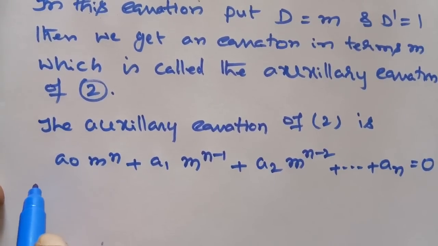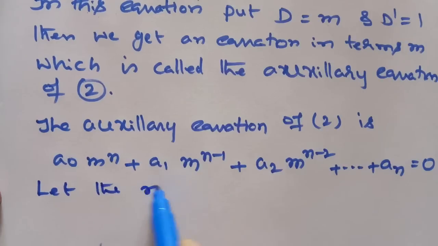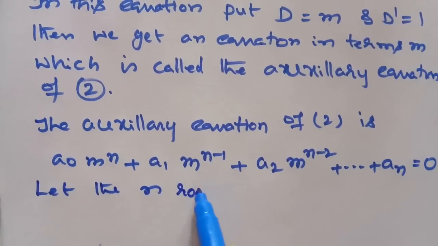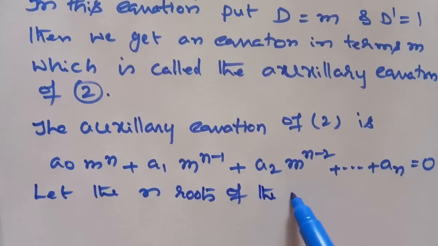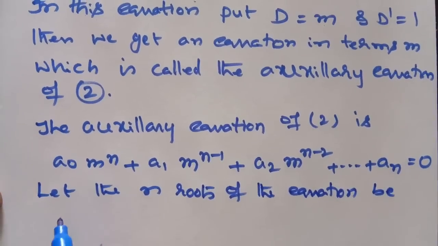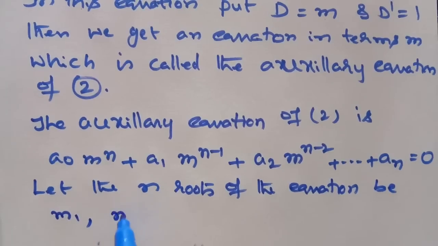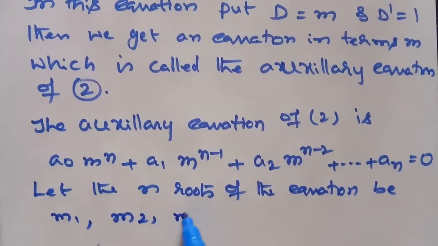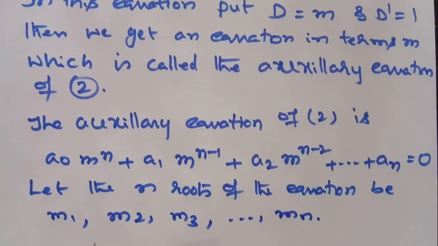Now let the n roots of the auxiliary equation be m1, m2, m3 and so on, mn.